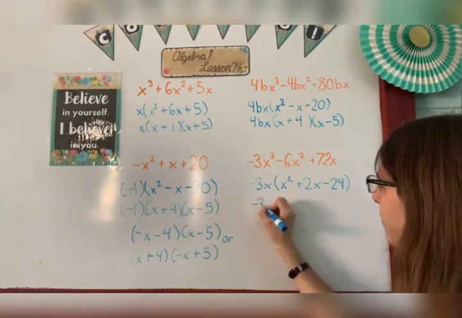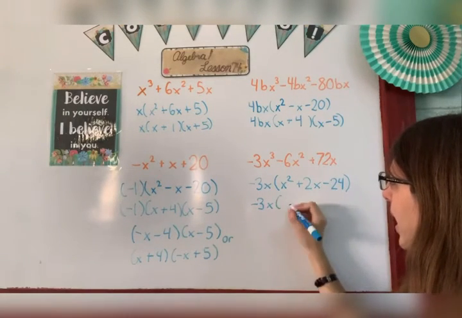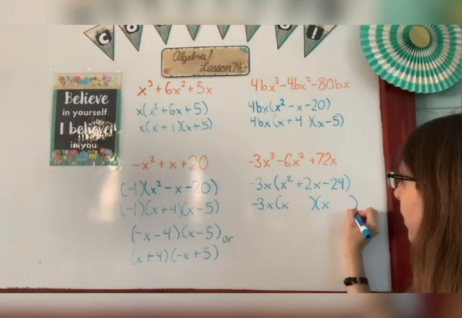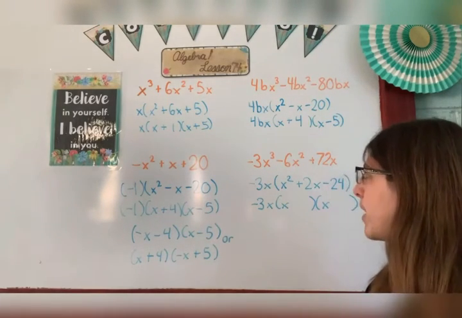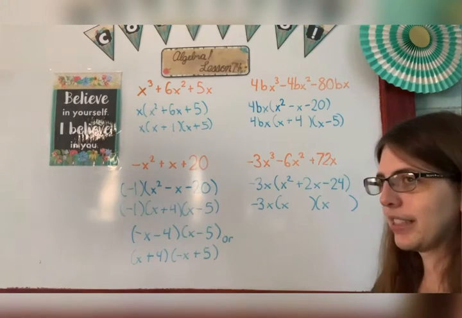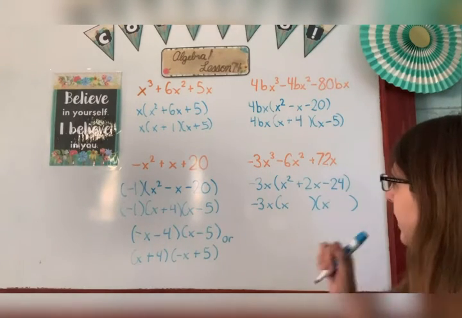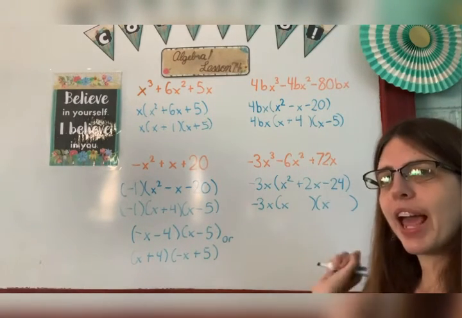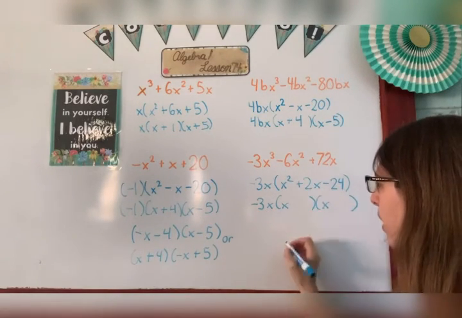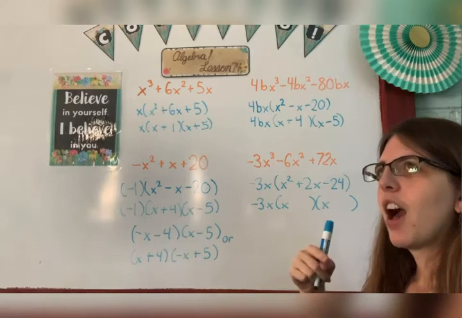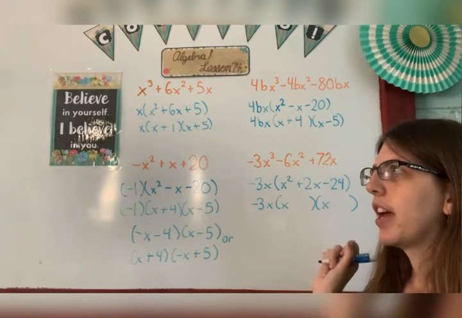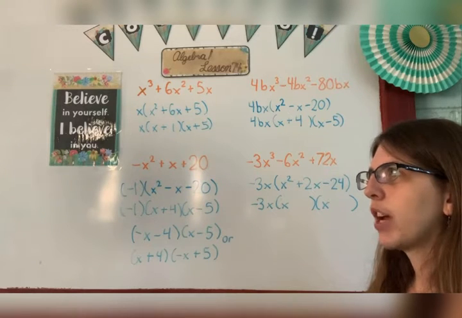Right? Then I set up my binomials with my parentheses. So I want the factors of -24 that are going to give me a +2x. So let me see. What factors of -24, when added together, will give me 2? Well, think in your head, okay? Well, I know factors of 1 times 24. No, that can't be it. I have 2 times 12.